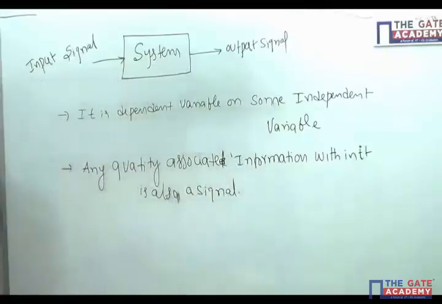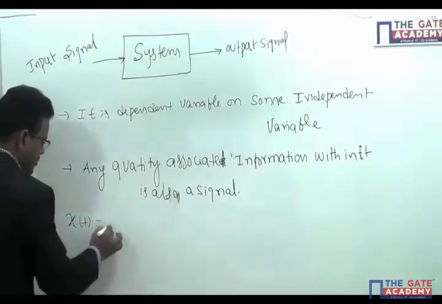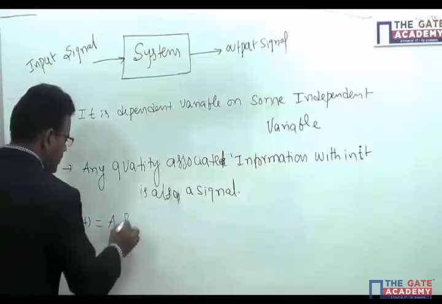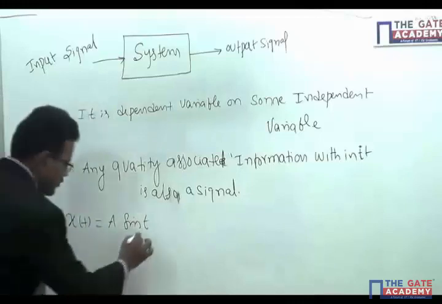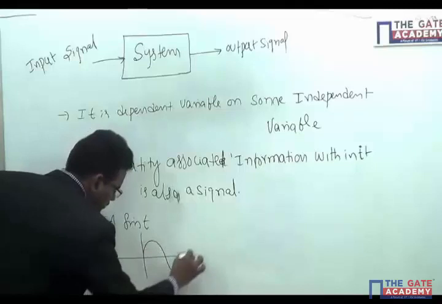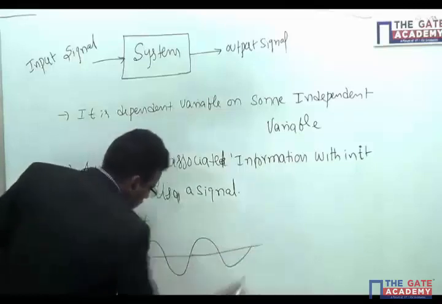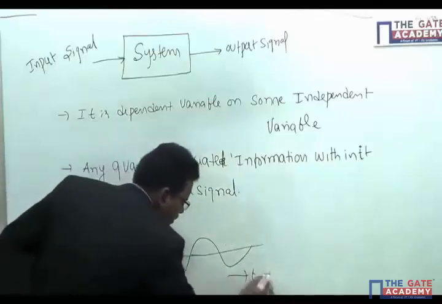Let's take the definition I gave. It's a dependent variable. Suppose I have some signal x of t equal to A sine t. If I plot the signal like that, the signal flows with peak amplitude A versus time.